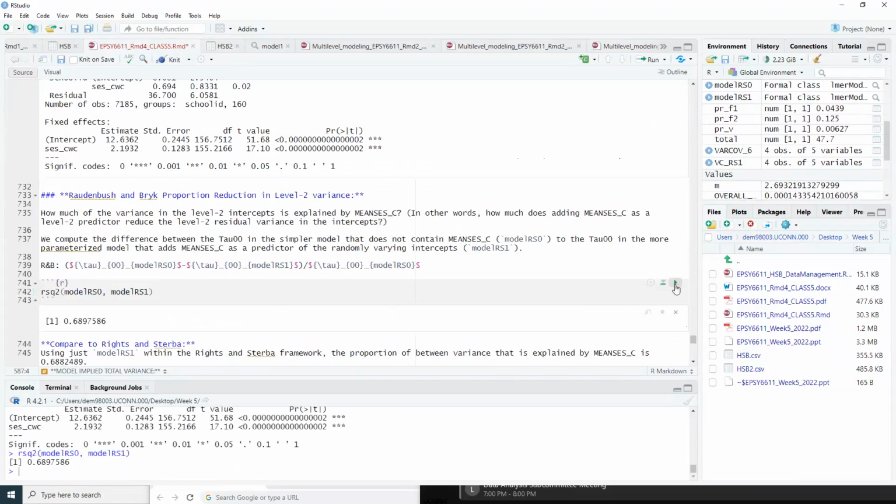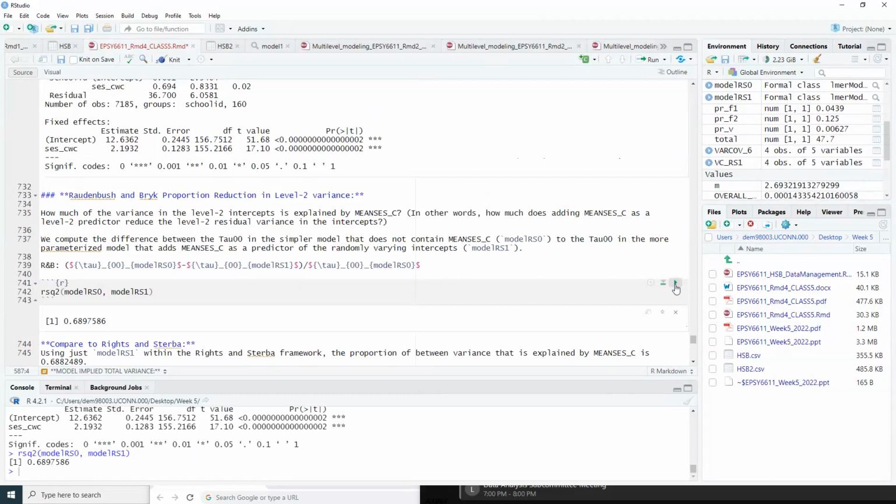What I did here is I said, compare the model without mean SES to the model with mean SES in terms of what proportion of the intercept variance is being explained by mean SES. And when I compare those two models, I find that it's about 69% of the variance.